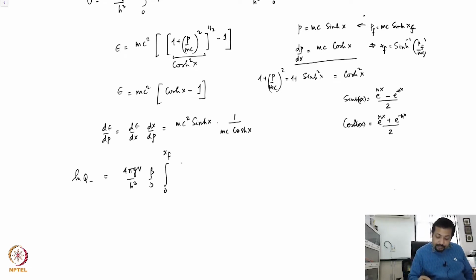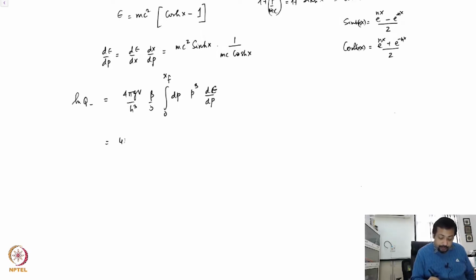So this becomes the integral of dP P cube d epsilon/dP, which we write down as 4 pi gv over h cube beta. Note that this is strictly at T equal to 0. We are looking at the degenerate Fermi gas. So in this case we have the limit of Pf. We will write down the limit of xf only after we have made the change of variables.